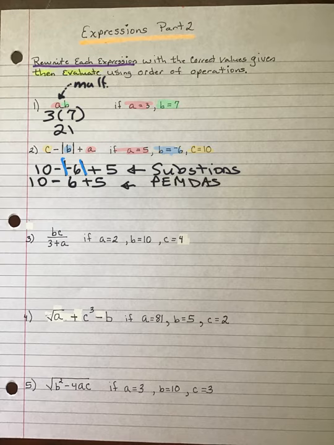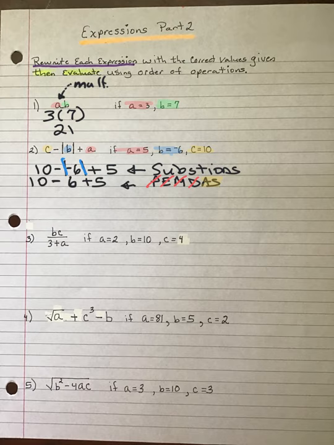Now, there are no parentheses, there are no exponents. I do not see a multiplication or a division. There's only adding and subtracting. So now we have to do the addition and subtraction in PEMDAS. You would think that you always add before you subtract because the A is first in the word PEMDAS, but that's not true.